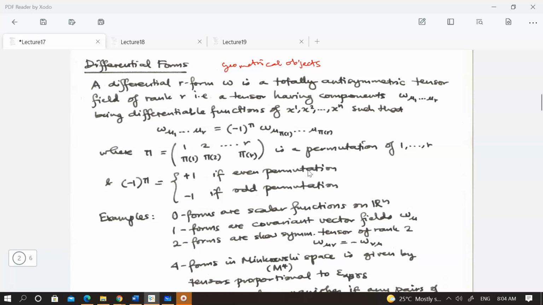So remember, here your integral elements, like your dx and so on, will be replaced by a more geometrical object called differential forms.